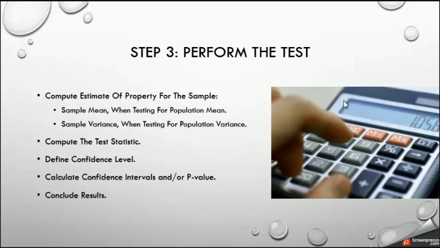After that, we can conclude the results. Eventually, we will reach one of the following results. Our result could be that we fail to reject the null hypothesis. This means the null hypothesis is still statistically true and valid.